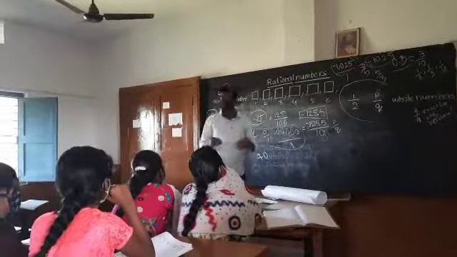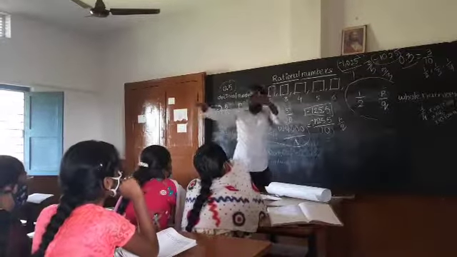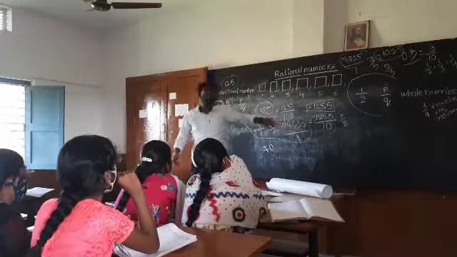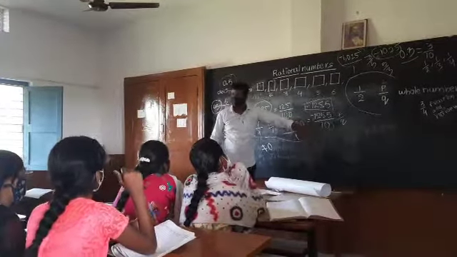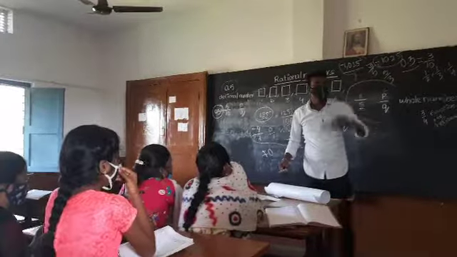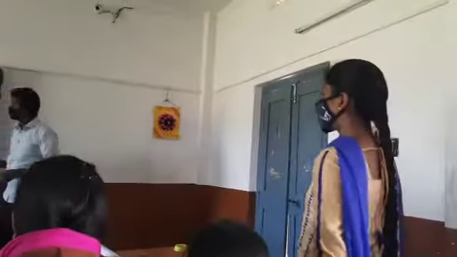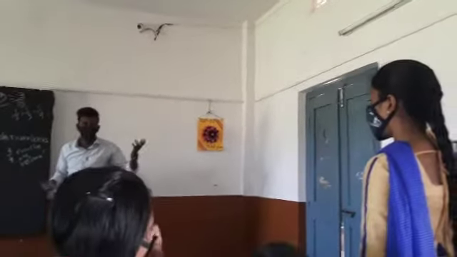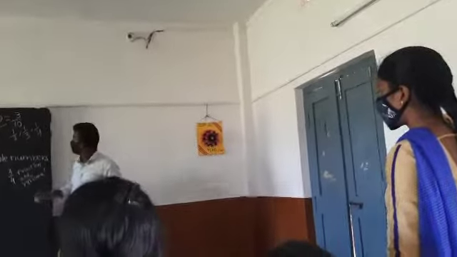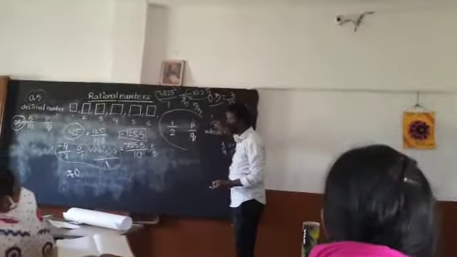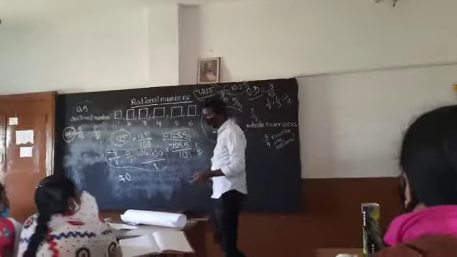It can be any number which directly or indirectly can be transformed into p by q. That is a rational number. Example of a rational number, please. Tell it louder. 1 by 2. 1 by 2 is a rational number. Integers p by q with q not equal to 0 form a rational number.